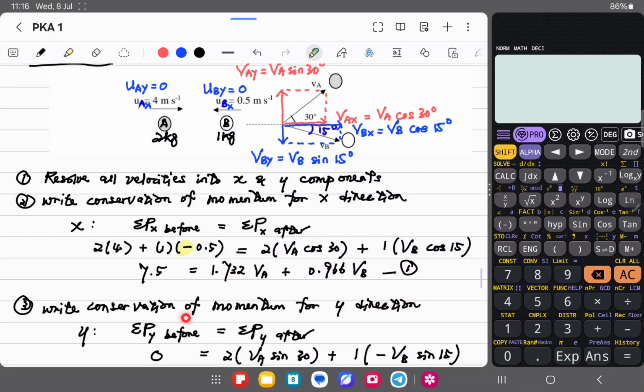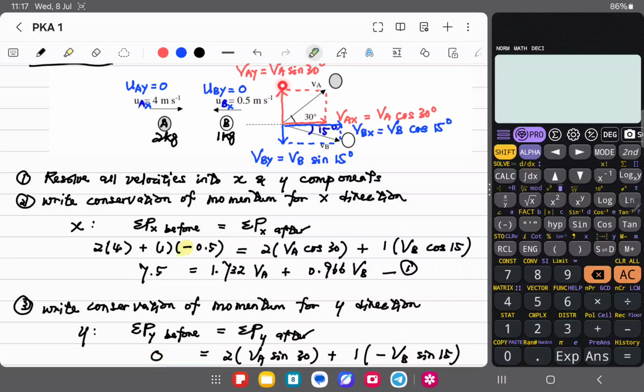Then we write the conservation of momentum for y directions. Consider the y directions. So total momentum in the y direction before collisions equals total momentum along the y direction after collisions. Before collisions, we don't have any component y, so the total momentum will be 0.